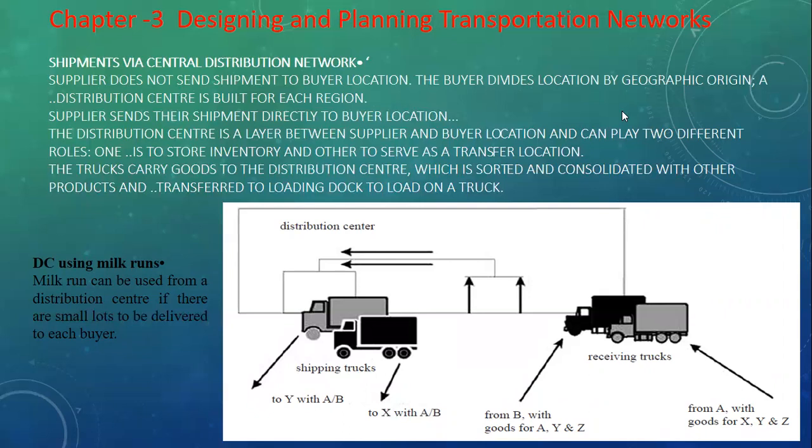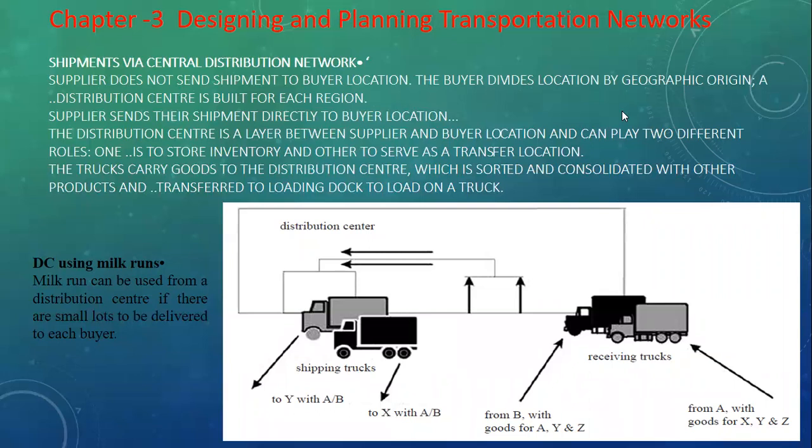The supplier sends their shipment to the buyer's distribution location. The distribution center is a layer between supplier and buyer locations and can play two different roles. One is to store inventory, and the other is to serve as a transport location.